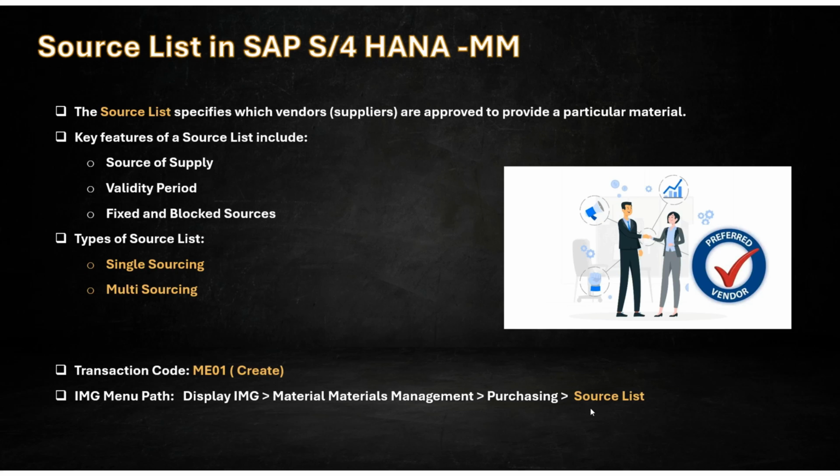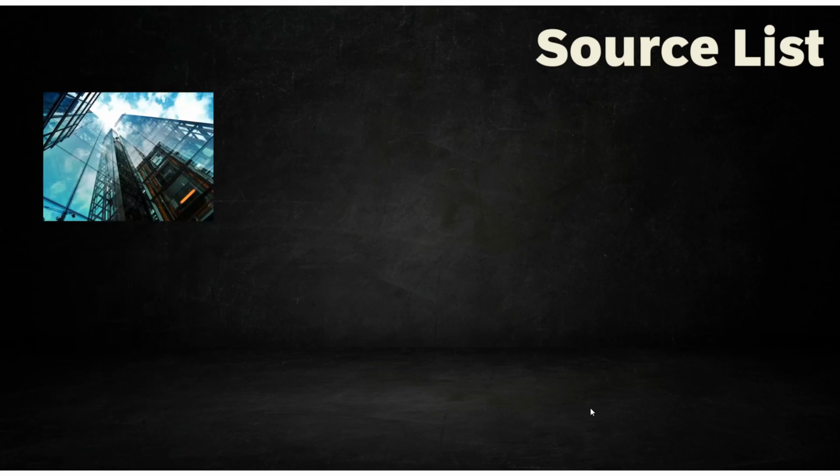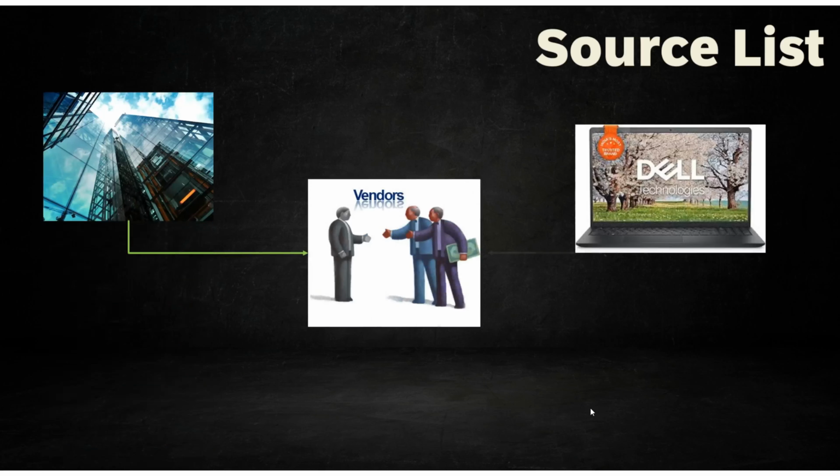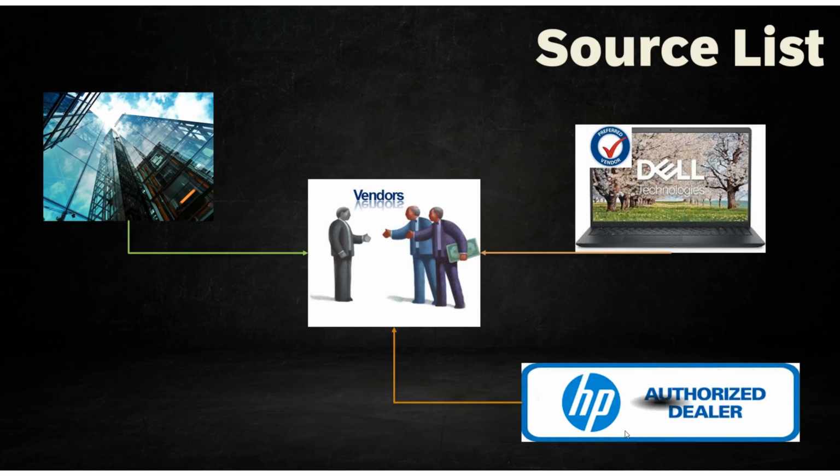Now, if you take an example for the source list, let us say your company needs to procure laptops. You might have several approved vendors such as Dell, HP, and Lenovo. A source list would be created for the material laptops using these vendors, along with the period during which they are authorized to supply the laptops.